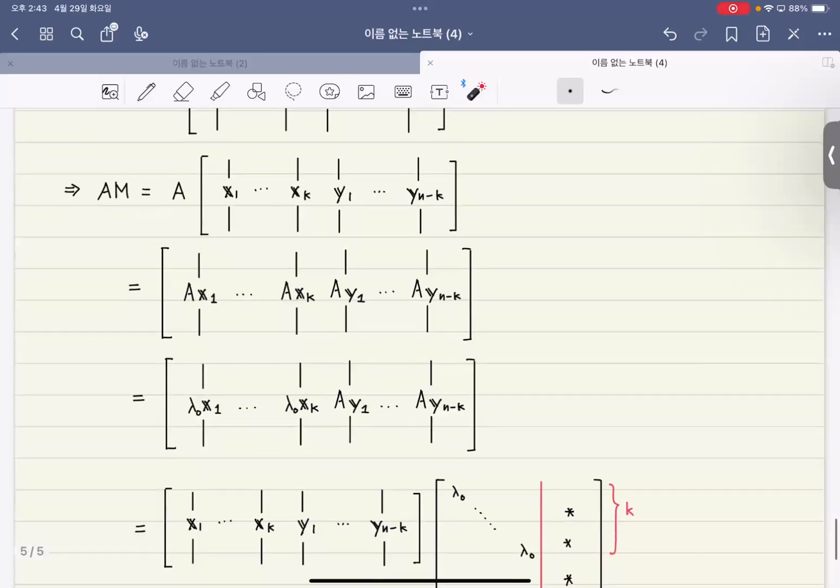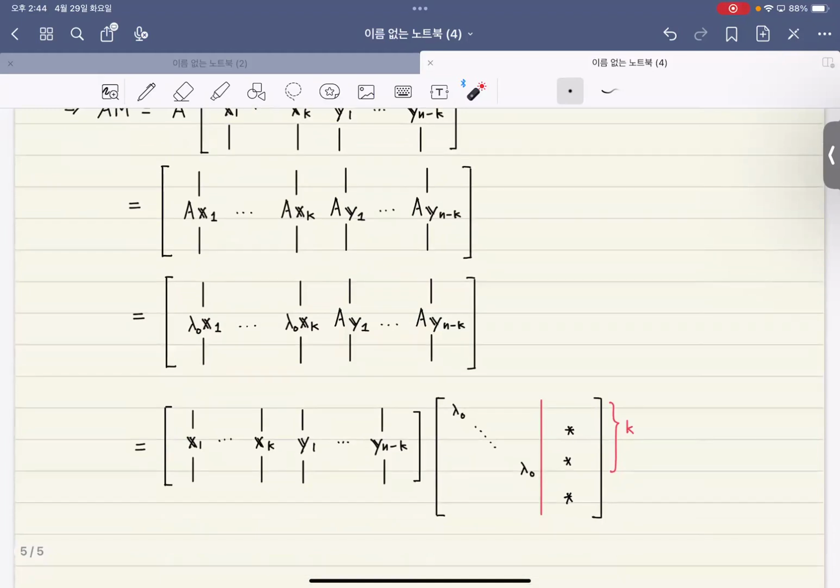I really don't care about the latter ones. But for the first K columns, since they are eigenvectors, they are just lambda 0 x1 to lambda 0 times xk.